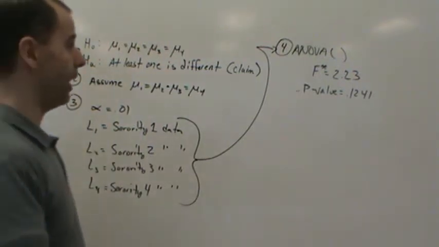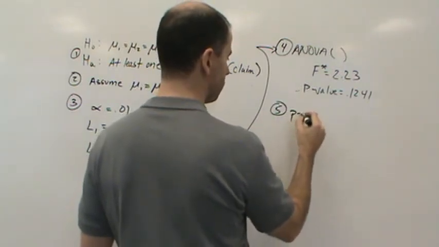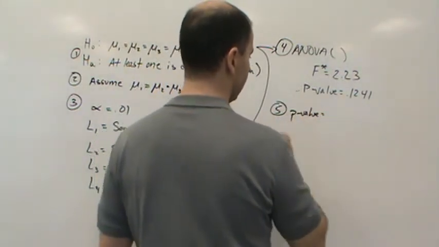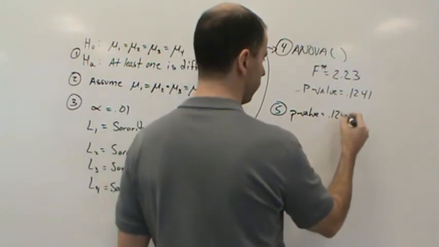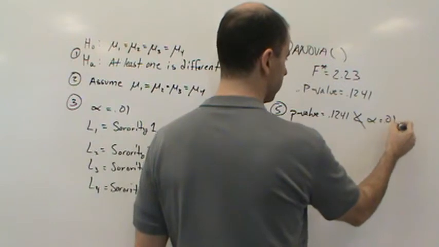And that's it. So now I can go to my next step, which is comparing the p-value, 0.1241, which is definitely not less than alpha equal to 0.01.